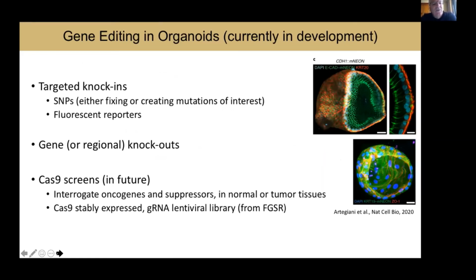And Sean McGrath's an expert in this area. So we're mainly interested in fluorescent reporters at the moment, but we can also do SNPs or corrections or knockouts. And in the future, we would like to think that we can maybe complement with CRISPR screens.